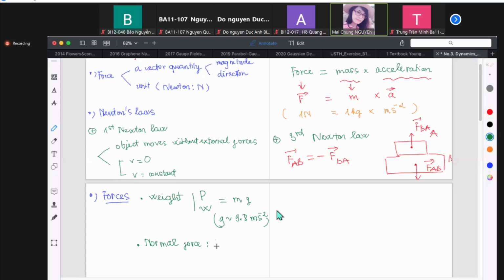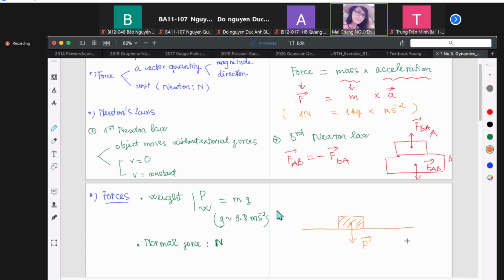For the normal force we use the name N. For example, if we consider an object on the table like this, P here is the weight of the object acting on the table, right?